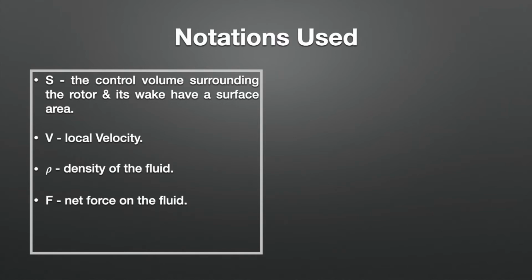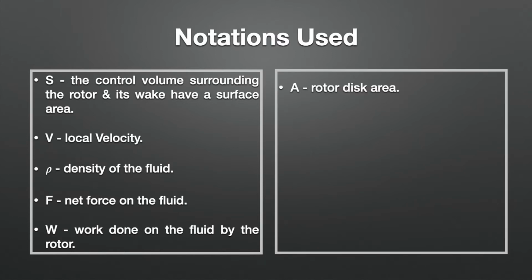Capital F is the net force on the fluid, the net force applied by the rotor on the fluid. W is the work done on the fluid by the rotor. Capital A is the rotor disk area. The infinity symbol denotes the position at the far wake or vena contracta region.